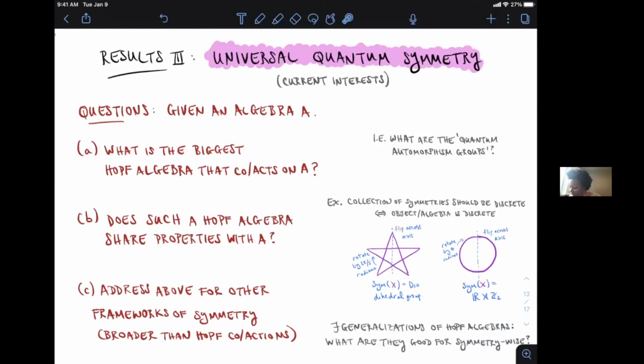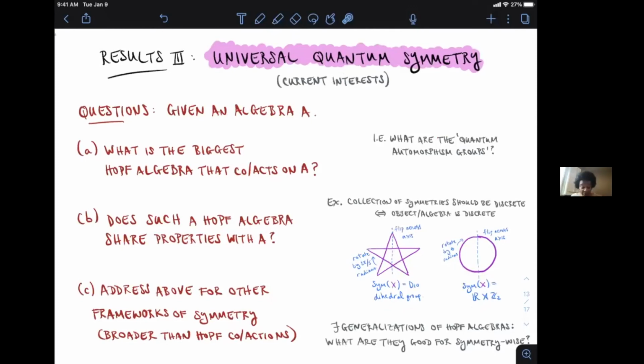Well, such a universal gadget should share some properties with the algebra. For instance, if I have this nice discrete shape here, it has a nice discrete group of symmetries. I have this nice continuous shape here, it has a nice continuous group of symmetries. Something like that should happen for this Hopf action game.